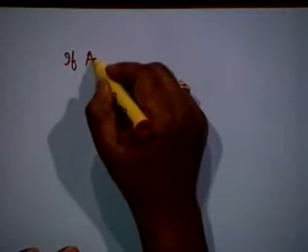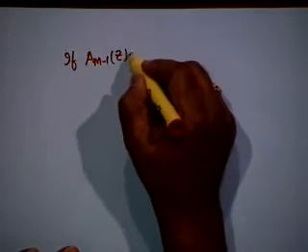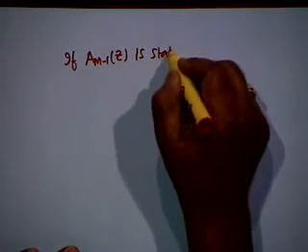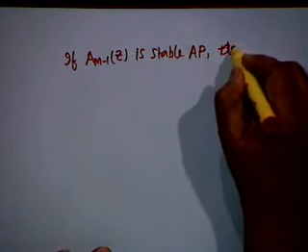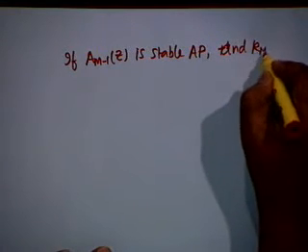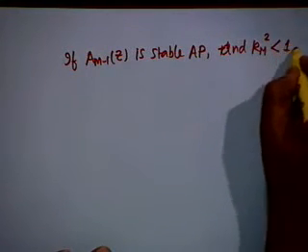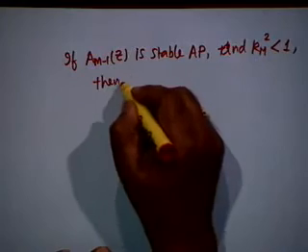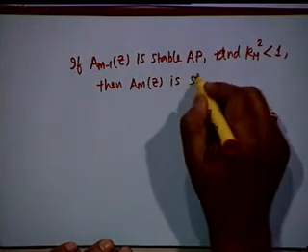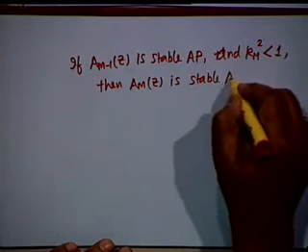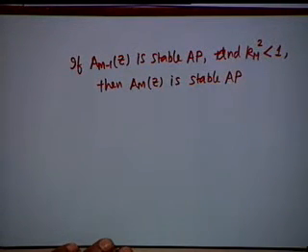So, what we are going to prove now is if A_{M-1}(z) is stable all pass and K_m squared is less than 1, then A_M(z) is stable all pass. This is what we have to prove.